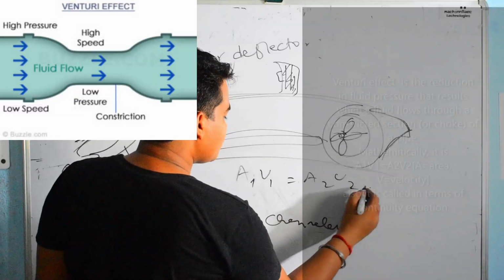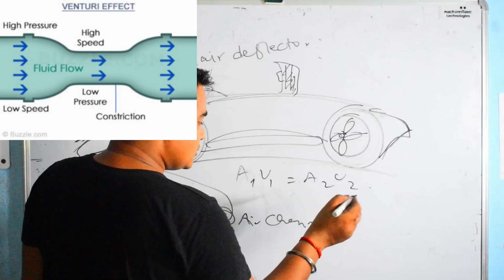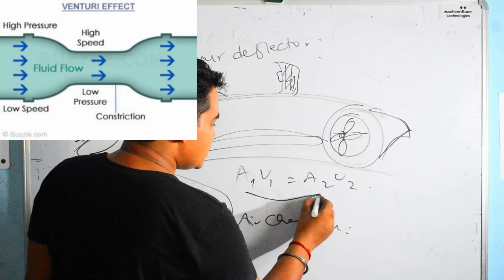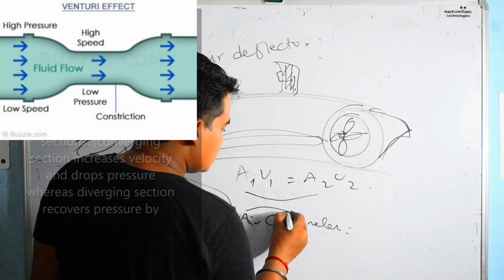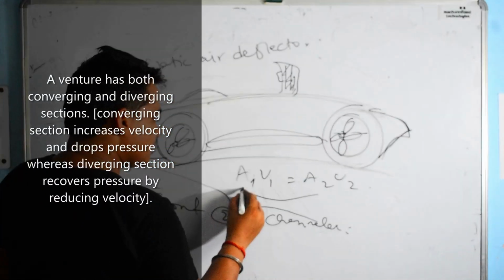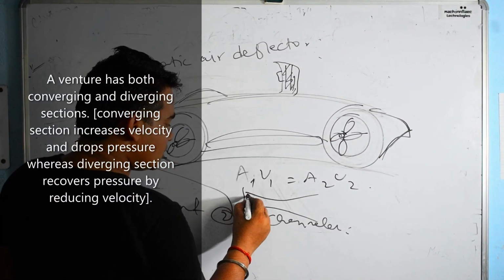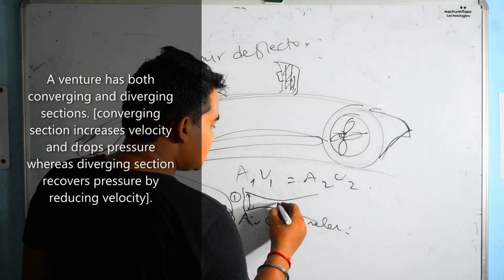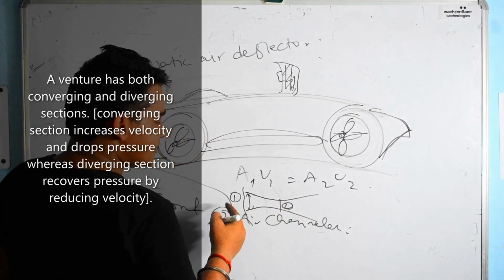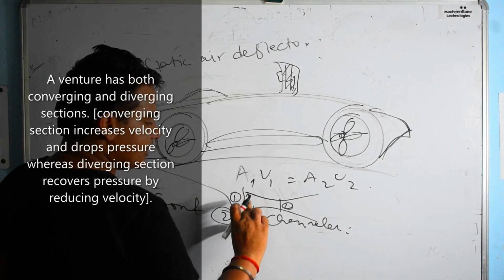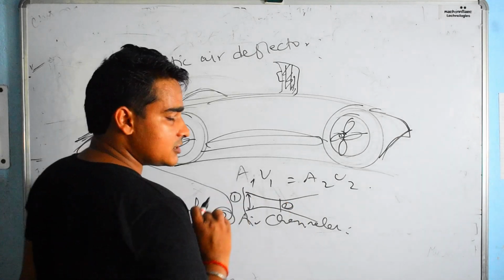A Venturi is shaped like this, a converging-diverging section. We have this as area 1 and this as area 2. You can see this area has a larger opening, a larger diameter, and this has a smaller diameter.